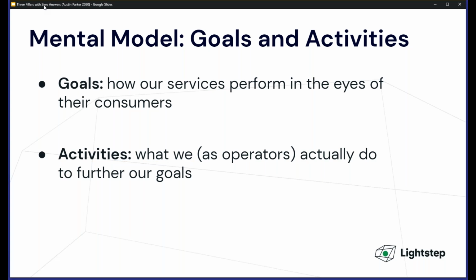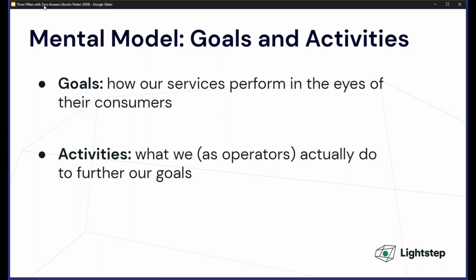Our goals are always related to how our services perform in the eyes of their consumers. Really, this is a user-centric view of the world, right? What you're monitoring, what you're looking at, needs to really be focused around the user experience.